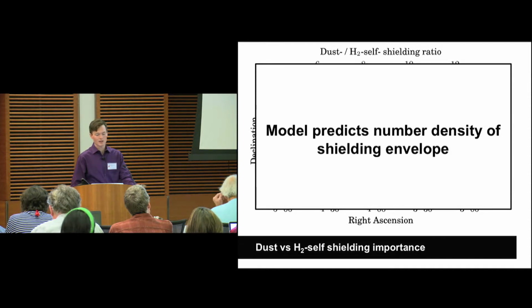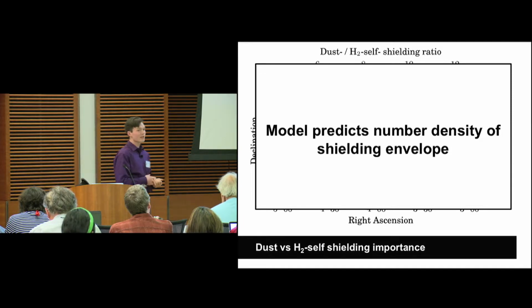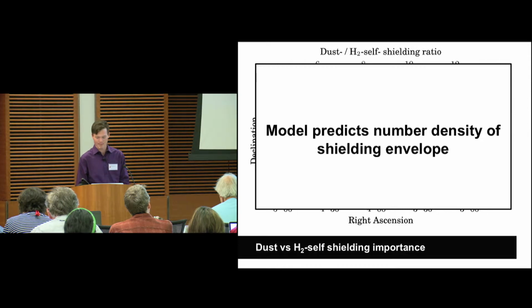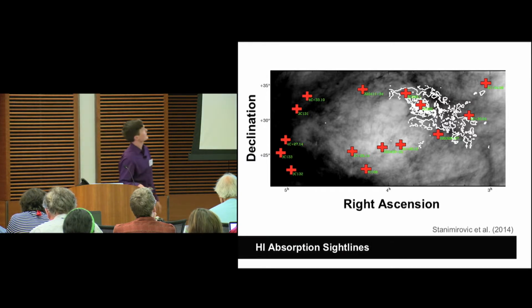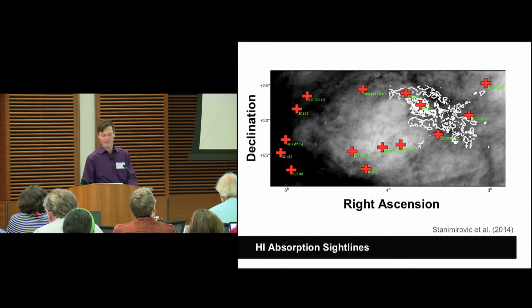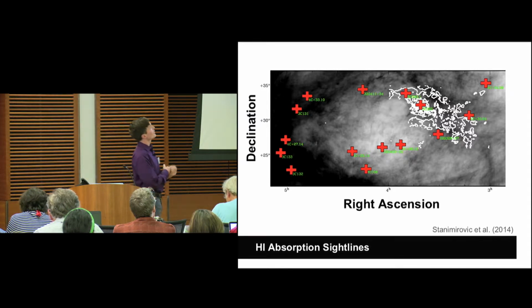And so the models predict the number density of the cold neutral medium shielding envelope, or of the atomic envelope. And we can compare these predicted number densities of the atomic envelope around these molecular cores by converting spin temperature measurements of cold components in the region.